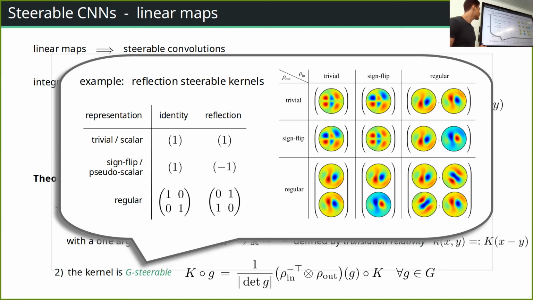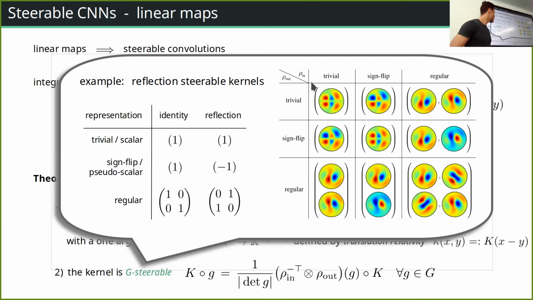That's an example of reflection steerable kernels. So here we look at reflection equivariance. And you see that all these kernels on the right are matrix valued, which is when there are multiple kernels sometimes. But they all have a certain reflection symmetry inherently. And this reflection symmetry depends on the field types.